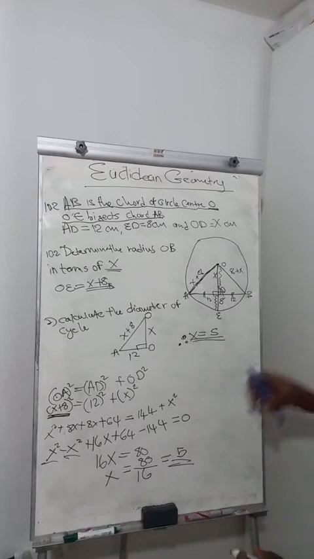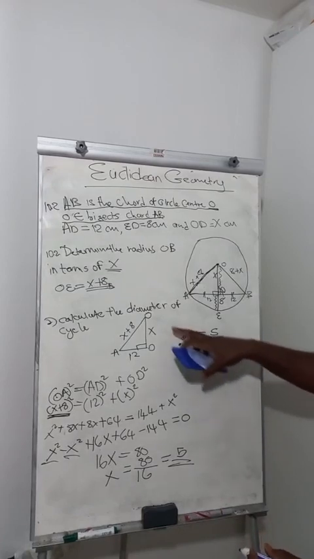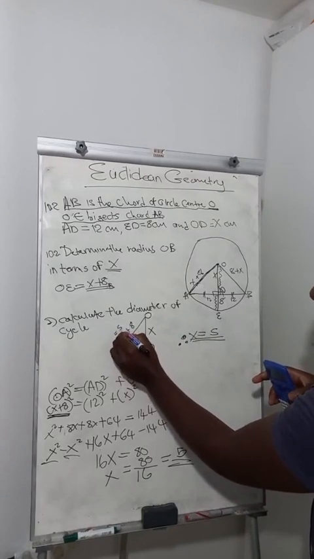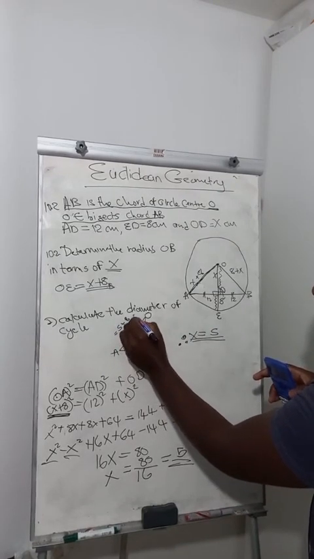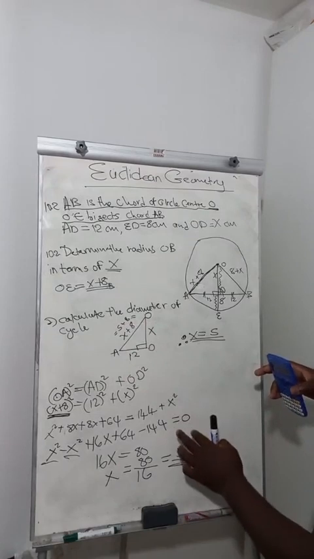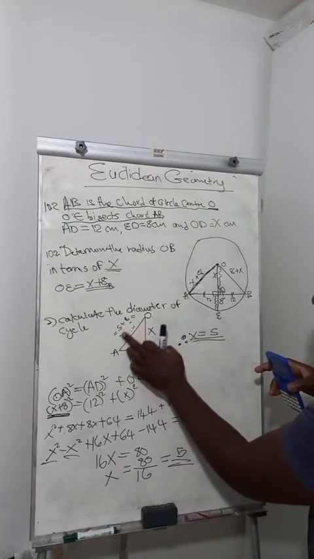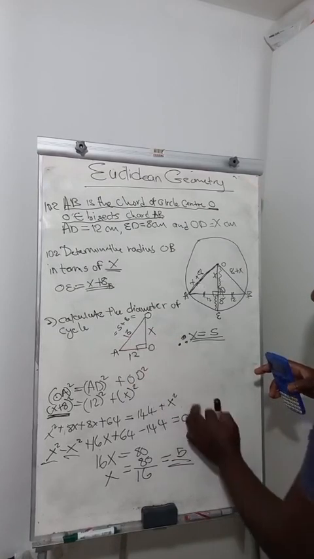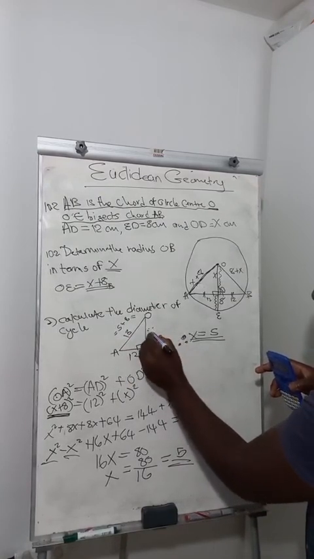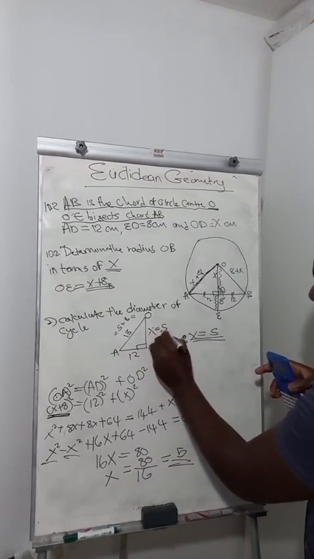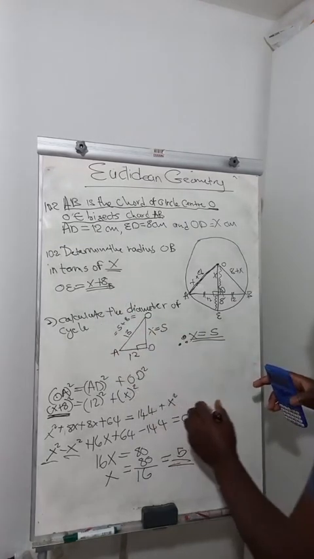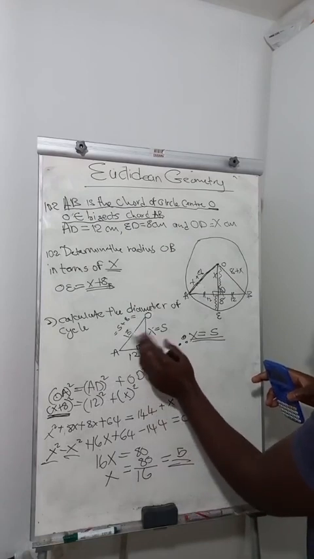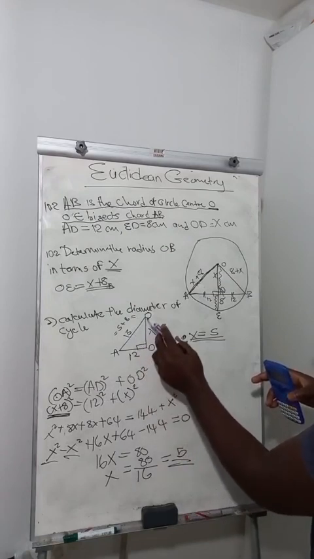So it means where there is an x, go and replace with a 5. In this case, I will have 5 plus 8, which will be 13 now, and then it will just be 5. If I'm to calculate the diameter, here I got my hypotenuse as 13, and it's a radius.